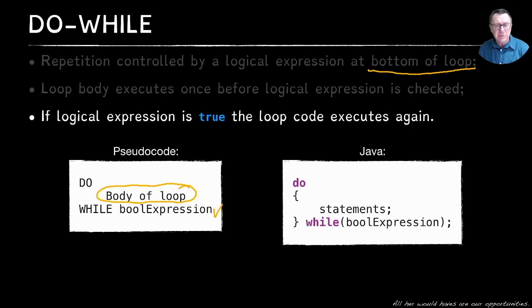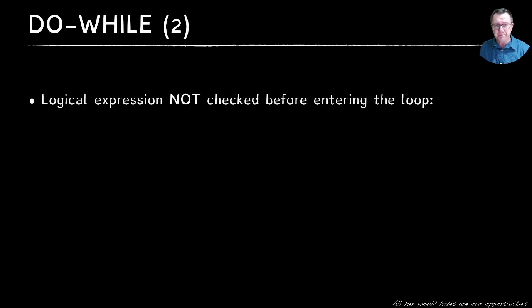So this is what it looks like in Java. Do, and then it's got the statements which are inside our curly brackets, and now it checks the while, the Boolean expression is true. So before we check the Boolean expression, we've executed the code within the loop one time.